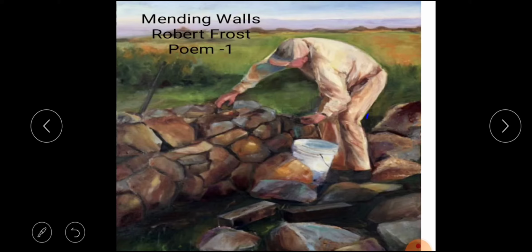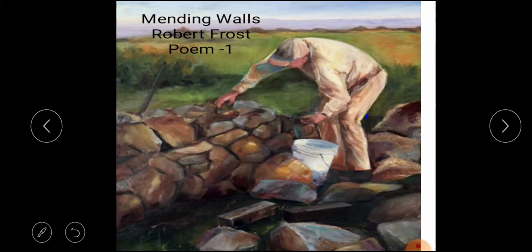The narrator believed that the wall should not exist at all, for he could not find a real reason for putting up the wall, but his neighbor wanted it to be there, as he believed in that old proverb, which is the last line of page number 23. This is an old saying that good fences make good neighbors. So he believes in that. That's why he wanted that there should be walls.